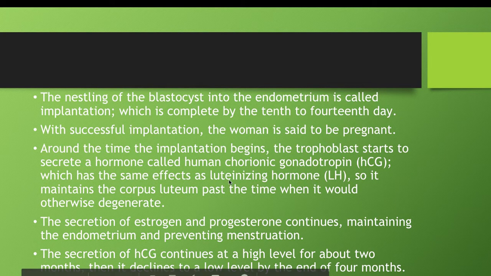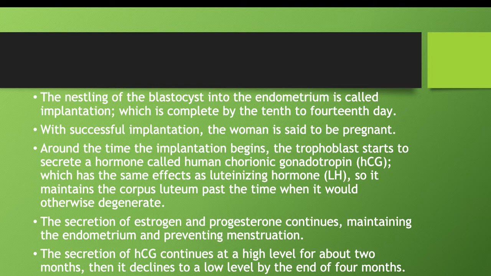Well, if you're pregnant, you don't want your uterus to release its lining, so instead it's going to keep the corpus luteum from degenerating, which is going to keep you from having a period. So that's why people often know that they're pregnant if their menstrual cycle is off. They're not menstruating at their usual time. That's a really good sign that you are pregnant.